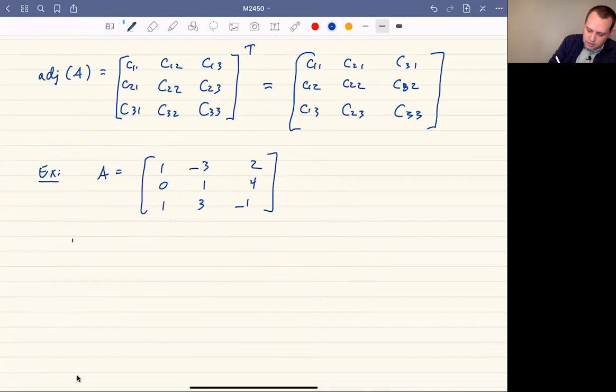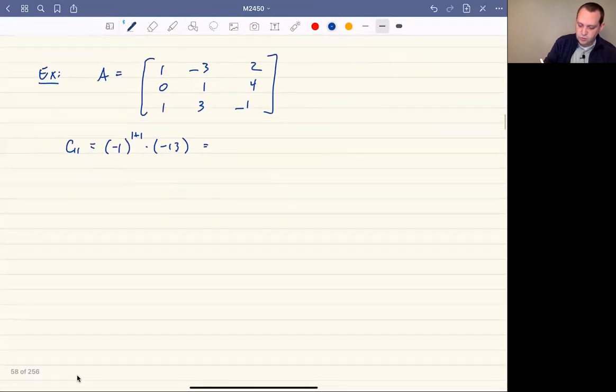C11 is negative 1 to the 1 plus 1 times the determinant of the corresponding submatrix. In our case, that's 1 times negative 1 is negative 1, minus 12, so negative 13. We're going to do this all the way down.